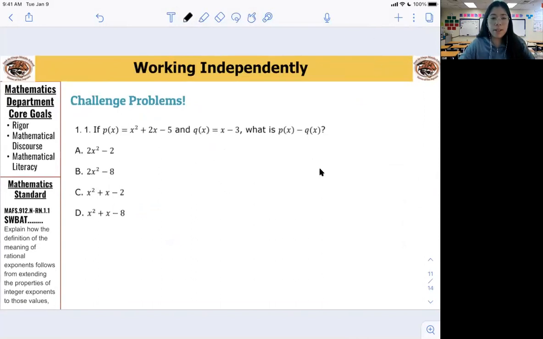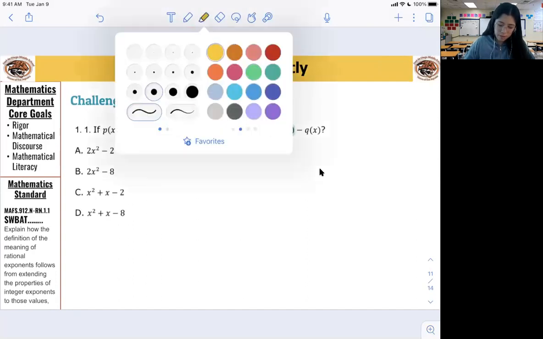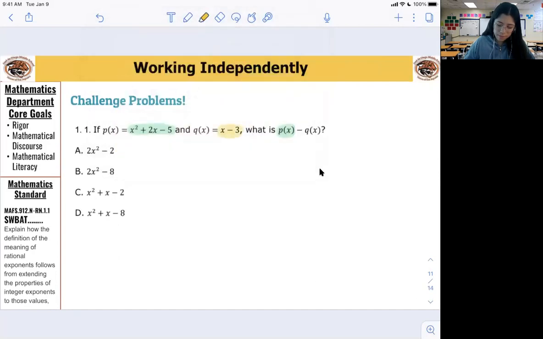So I want everybody to take a moment and read along with me. It says, if p of x is x squared plus 2x minus 5, and q of x is x minus 3, what is p of x minus q of x? So they're basically saying, here's p of x, here is q of x.